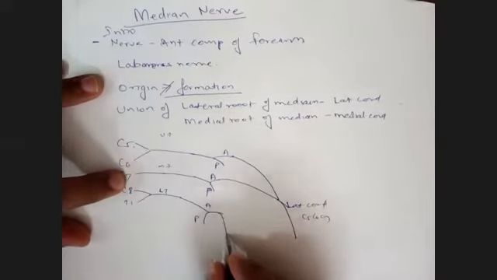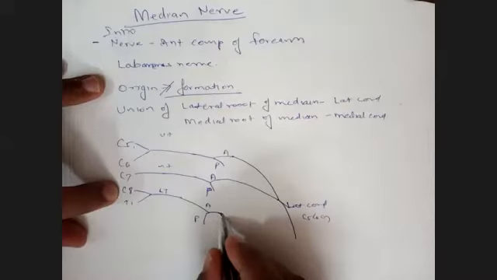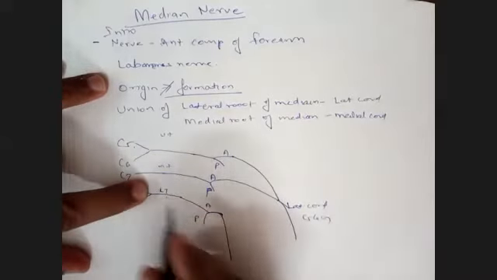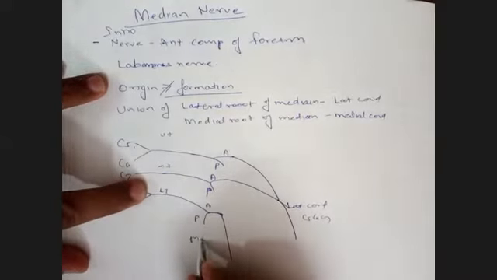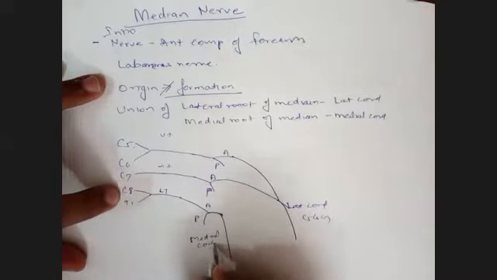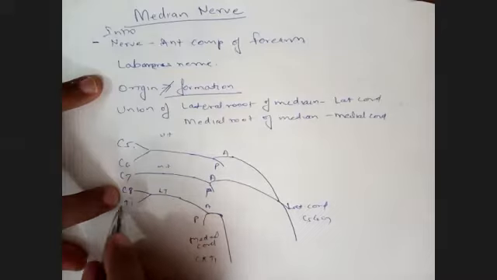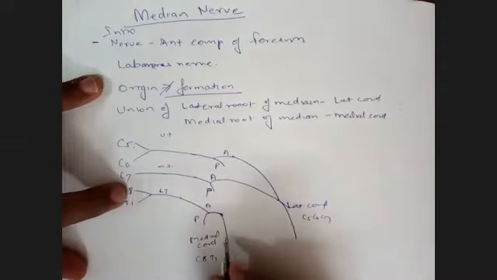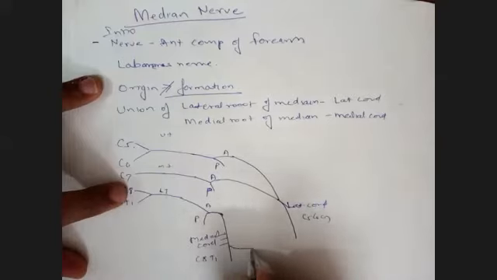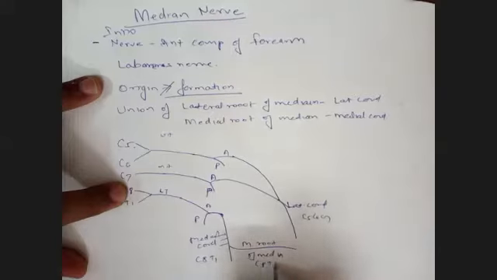The anterior division of the lower trunk continues as medial cord. Most of its branches will have C8 and T1. The formula for this is M for U, medial. One M is medial root of median, which has a root value of C8, T1.